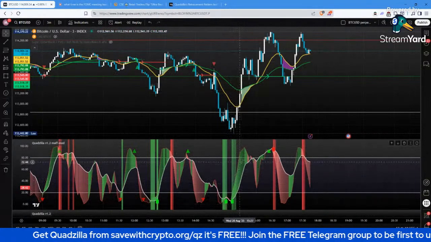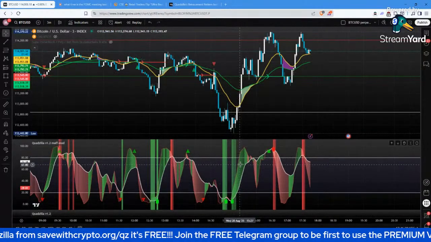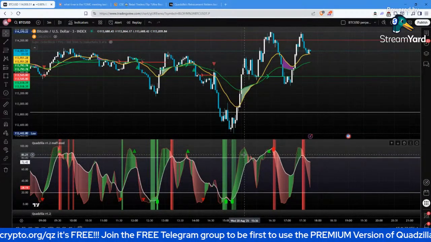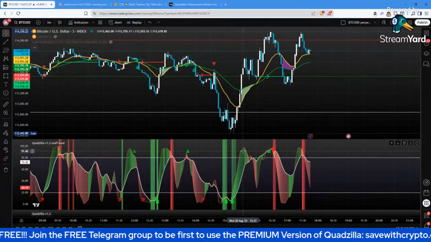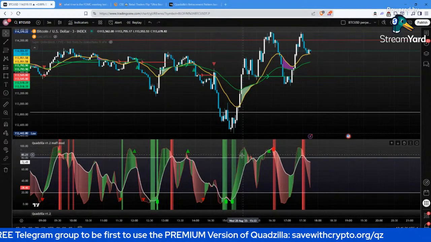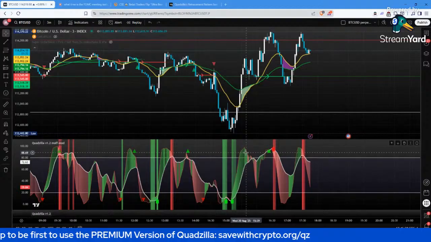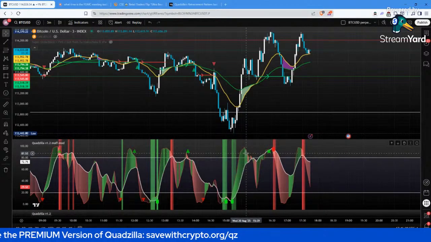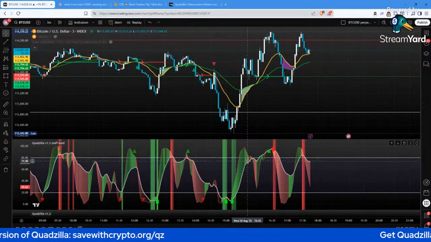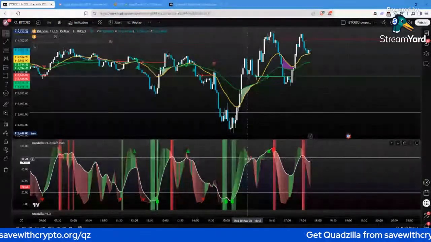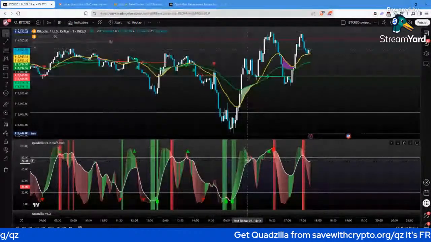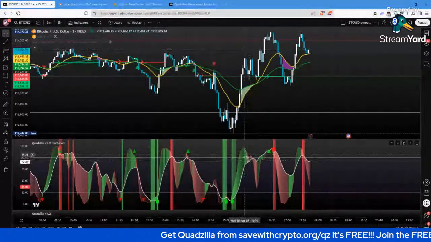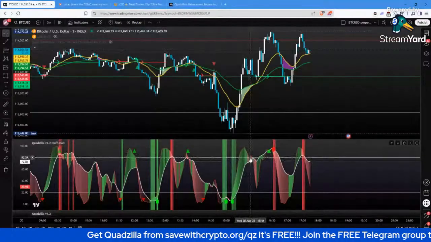Okay. So when that starts to become less intense, you kind of know that if you've got a long position open, you might start thinking about taking profit at that point. Then it starts to go a bit wavy, so at this point you'd be thinking, do I even want to be in a position at this stage, or opening a position? Probably not.